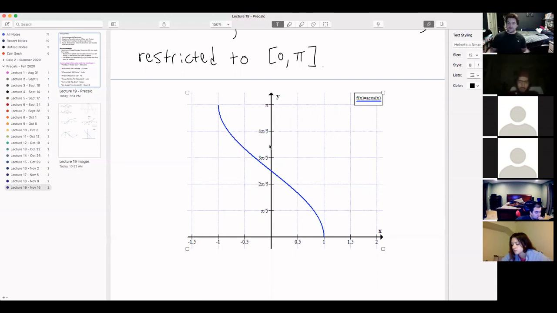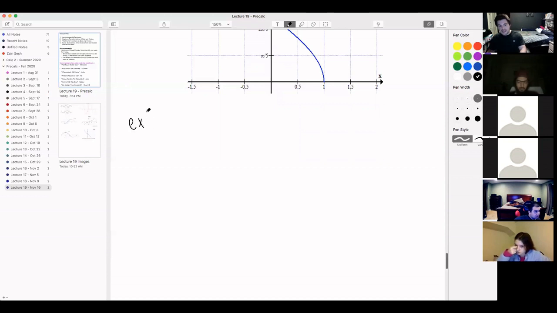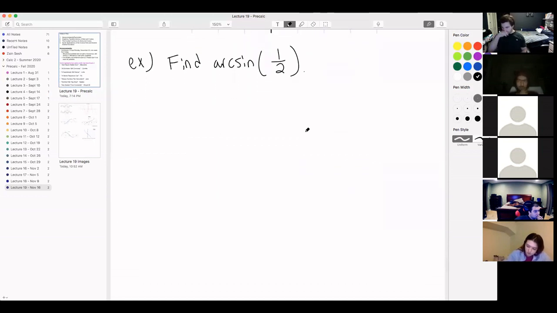All right, so let's just do a few applications with these inverse functions, and then we will call it a night. So example, find arc sine of 1/2. To deal with a computation like this, you need to ask yourself, sine of what angle is 1/2?